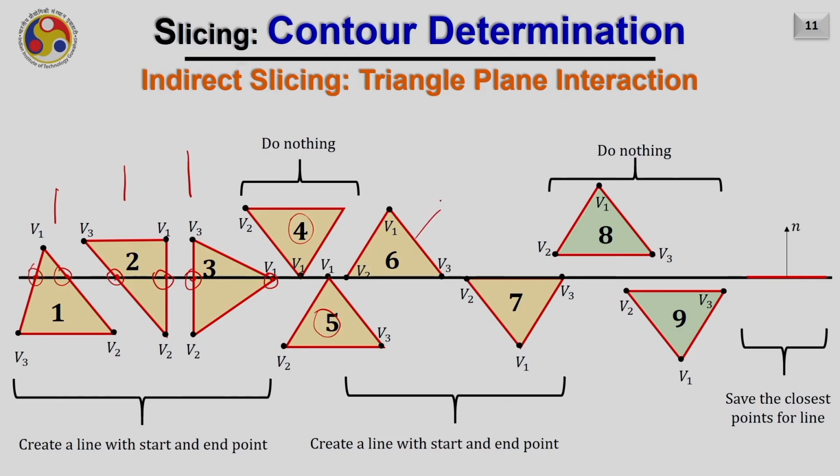For cases 6 and 7, there will be no intersection points; you only have to create a line that passes through the 2 vertices lying on the horizontal plane. Also, you need not do anything for cases 8 and 9, because either the triangles are above the horizontal plane or below it and are not participating in the slicing operation.